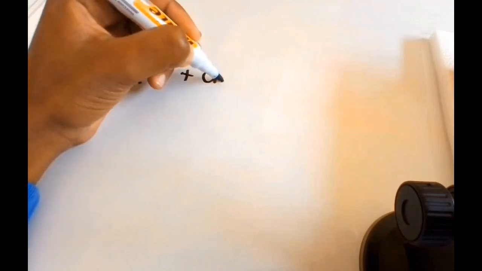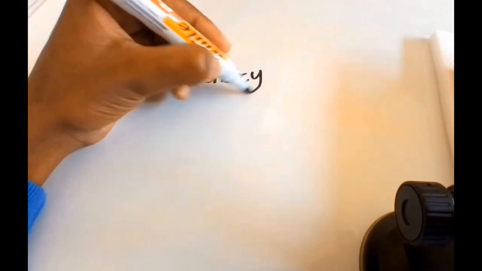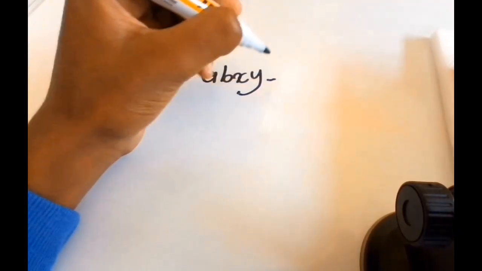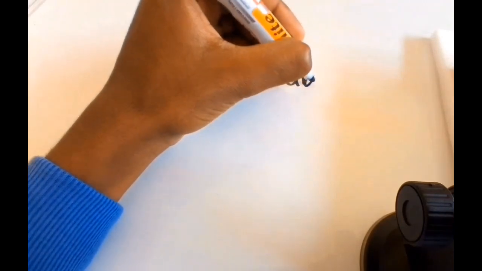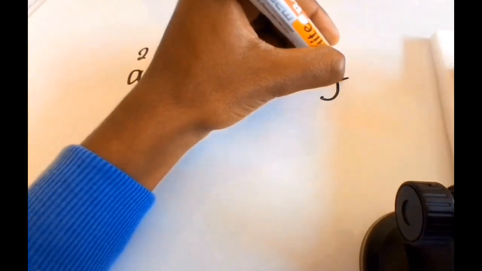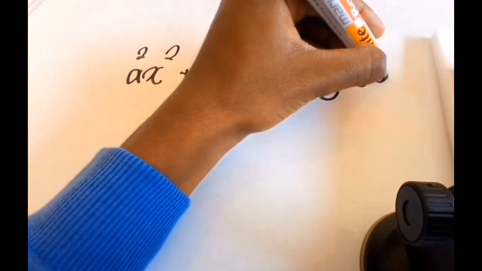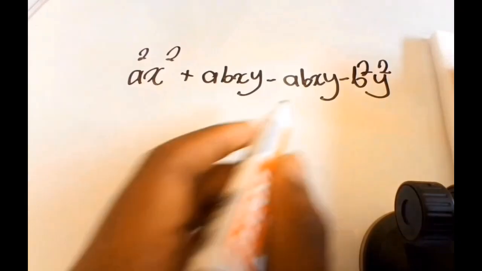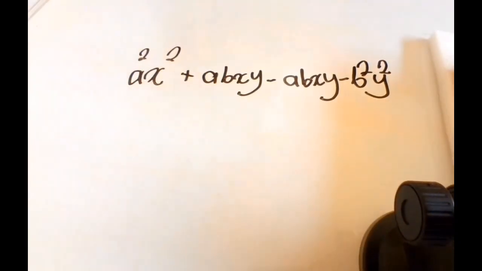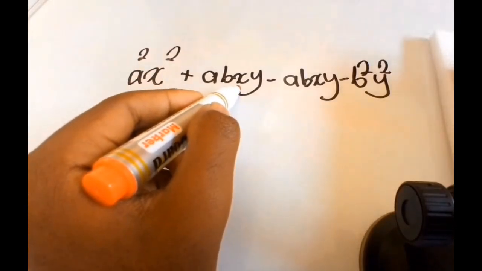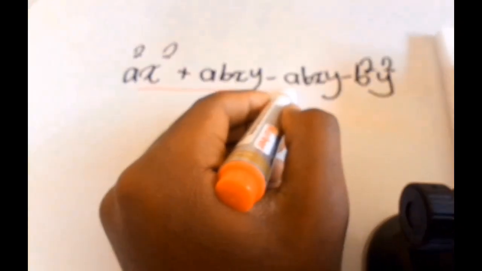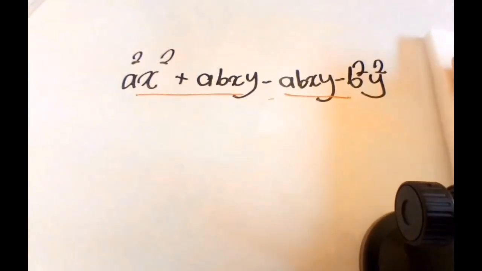This time we're going to say plus abxy and then minus abxy minus b squared y squared. So we have to reach this term, and then obviously what do we do when we reach this part? If you said we factorize by grouping of terms, that is correct. We'll factorize this part and then we'll factorize that part over there.